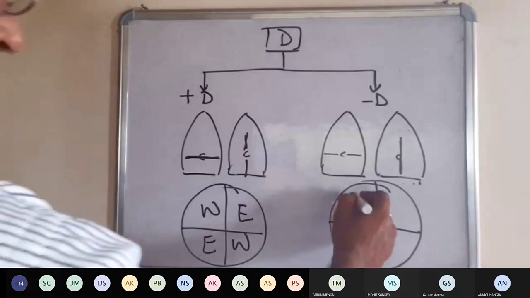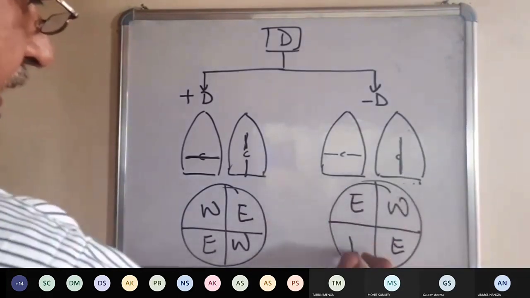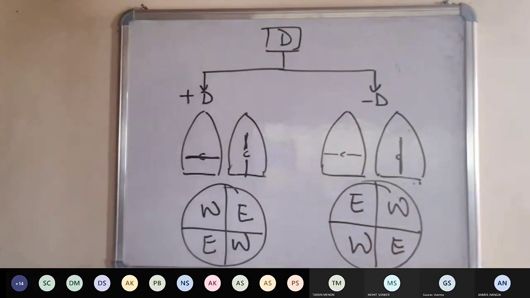On the other hand, it is easterly, westerly, easterly, and westerly. On these courses, there will be deviation which is easterly. For 90 to 180 will be westerly, 180 to 270 will be easterly again, 270 to 360 will be westerly. So these are the kinds of deviation that the coefficient D is going to create.